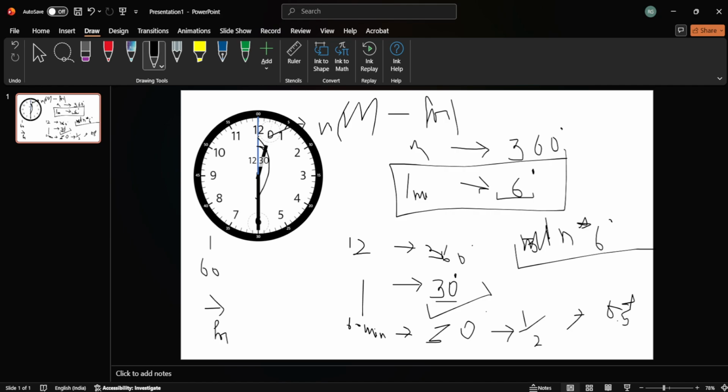If my minute hand has moved 180 degrees and my hour hand has moved till here, which means in 30 minutes the hour hand moves 15 degrees, then 180 minus 15 is 165 degrees. The other angle is 360 minus 165, and we will return the minimum.